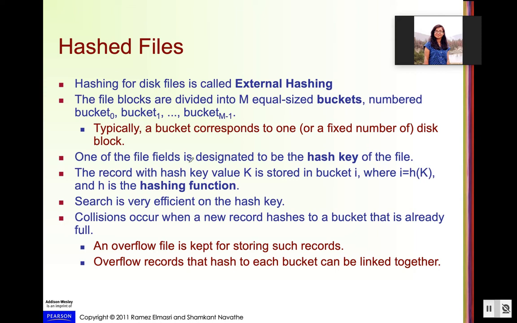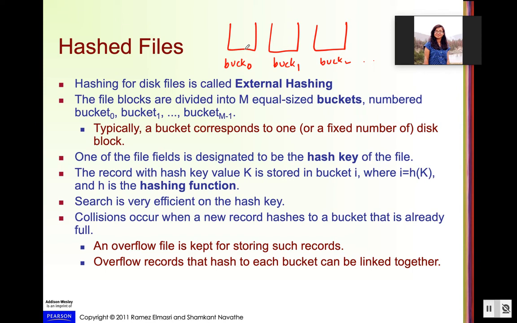In the hashed file, the records are stored using the hashing data structure. Hashing for files is known as external hashing. The file blocks are divided into m equal sized buckets, named bucket 0, bucket 1, bucket 2, and so on. Typically each bucket corresponds to one disk block.